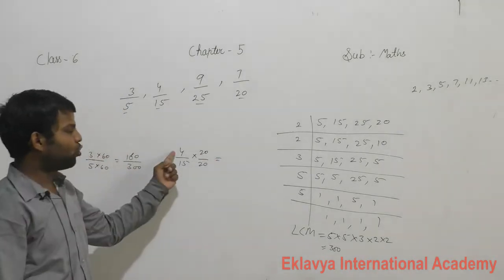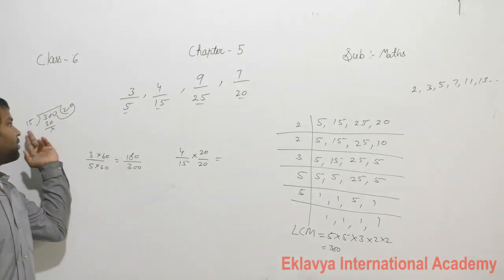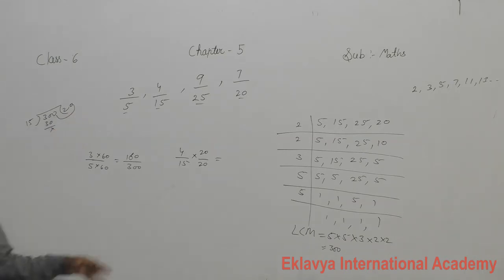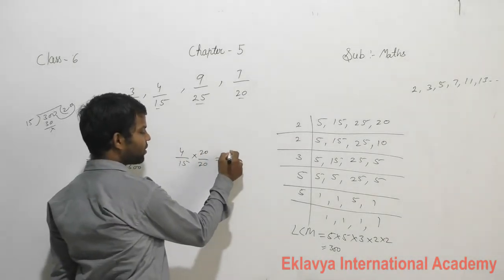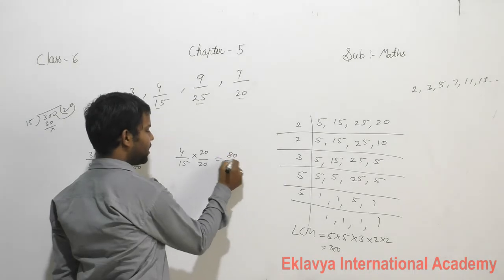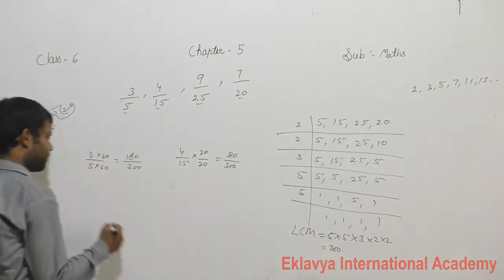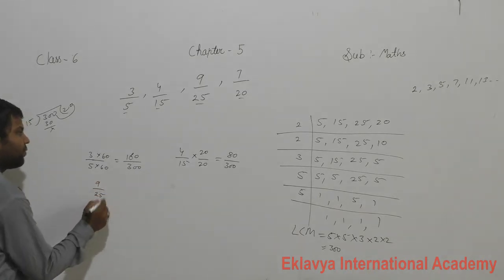Both numbers are multiplied by 20, because 300 divided by 15 gives 20. So 4 times 20 is 80, and 15 times 20 is 300. Next, 9 upon 25.